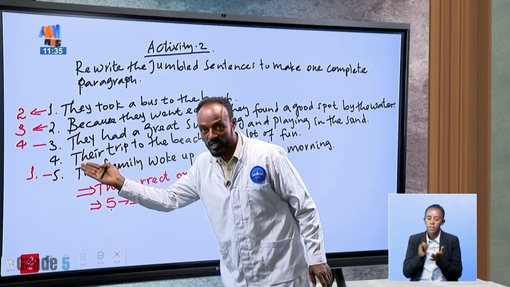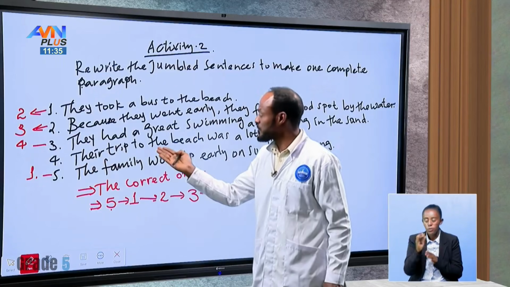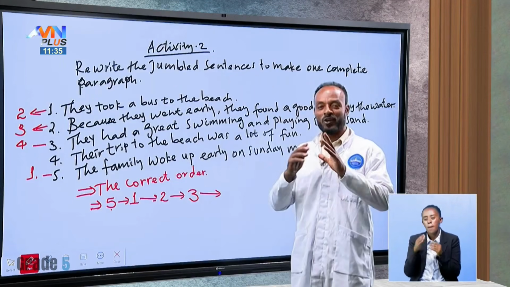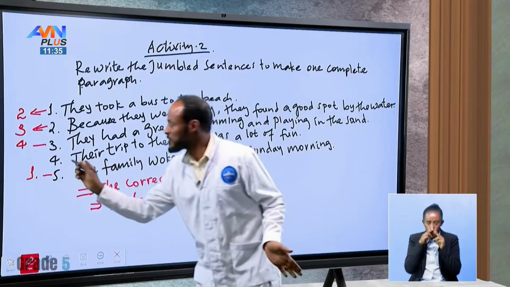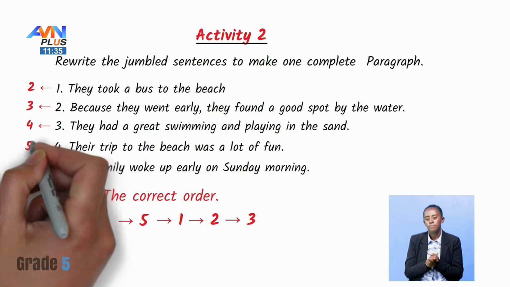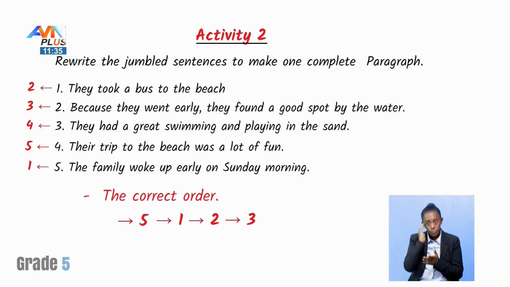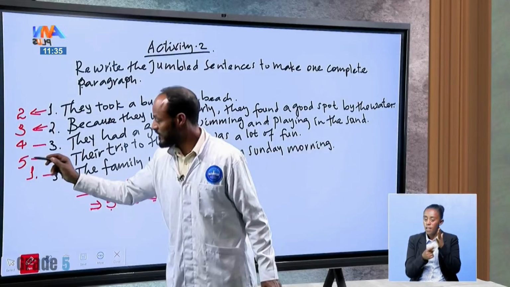Their trip to the beach was a lot of fun. So this should be number 5. Bear in your mind. I hope I'm clear. So here should be number 4, should be the last one. Is it clear? So the first, second, third, fourth, and fifth.